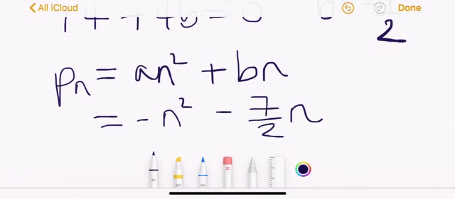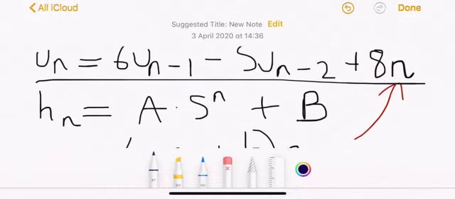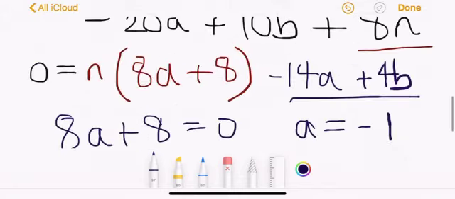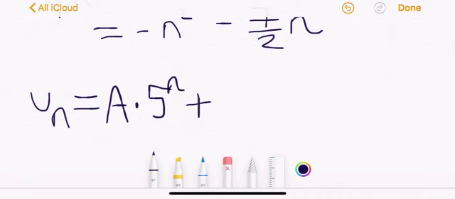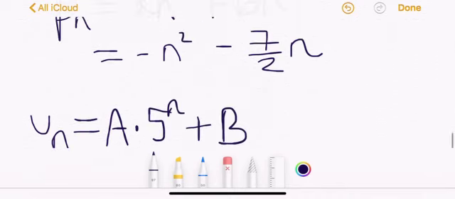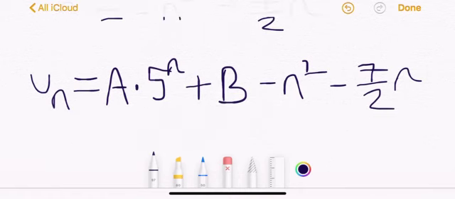Well, finally, to find the general solution of our original non-homogeneous recurrence relation, we need to find the sum of h(n) and P(n). So we know that the general solution u_n is h(n), which is A times 5^n plus B, add on P(n), so minus n squared minus 7 over 2 n. And that is the general solution to that non-homogeneous recurrence relation.